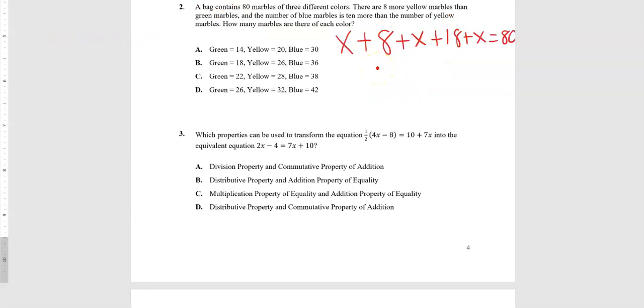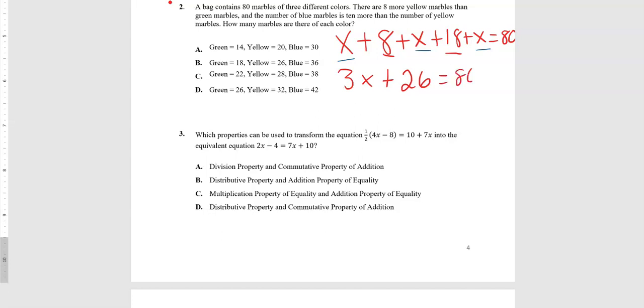I rearranged it over here because I didn't like the writing, but what I'm going to do now is take my like terms. I'm going to take all of my x's and put them together. So I end up having 3x plus, now I'm going to do my 8 and 18. 8 plus 18 is 26, and that's going to equal 80.